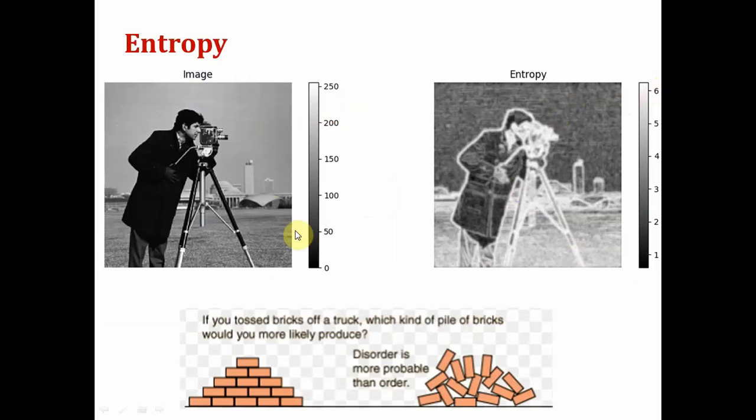If you have the maximum pixels ranging in 0 to 250, it means you have the maximum detail in the image. If you compare this image and this image, this is not that much detailed an image, but by using the entropy, you will be able to recognize the boundaries created by the high intensity value. The boundary of each and every object has been created by the high intensity value.